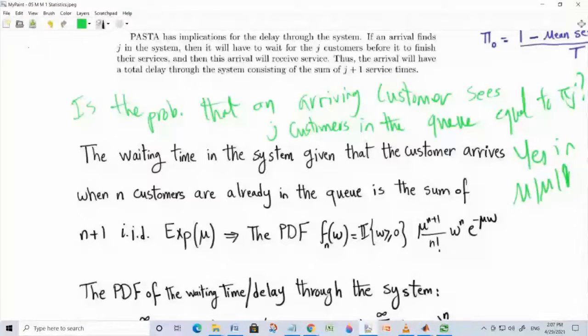So the amount of time spent in the system will be the sum of n plus 1 IID exponential mu random variables, right?